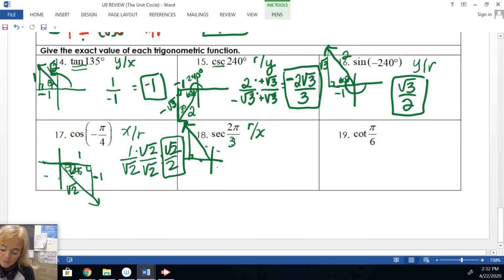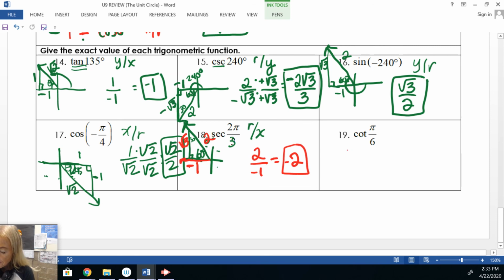So that's a pi over 3, which is a 60-degree angle. So here's our 30. Across from the 30 is 1, 2, and then I better put in a different color, radical 3. Kind of doing Christmas colors today, aren't I? And that is going to be a negative 1 because it's an x and we're moving backwards. So we have negative 1, radical 3, and 2. Secant is r over x, so r is 2, x is negative 1, so negative 2.